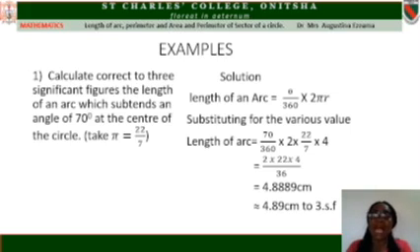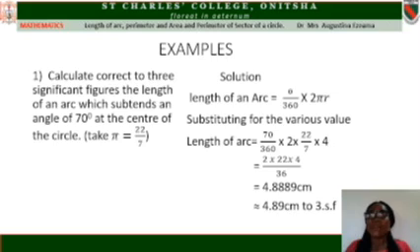Because you are asked to correct to 3 significant figures, after getting the answer we are going to apply that knowledge you have from junior class on significant figures. Length of an arc is equal to theta over 360 times 2 pi r.